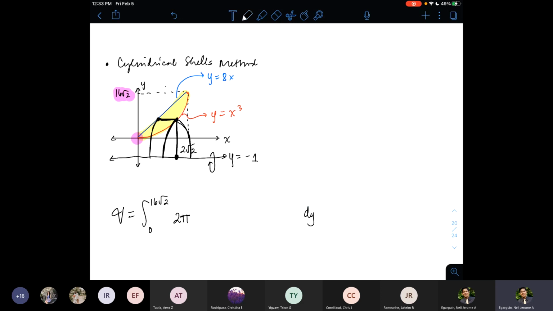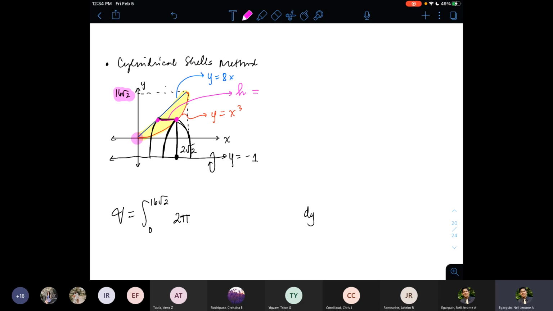Okay? Now let's compute the radius and the height of the cylinder. I guess it's easier to find the height of the cylinder here because the height of the cylinder is this length, right? That's the height of the cylinder because the cylinders are horizontal here. But the height is the length of the horizontal strip.